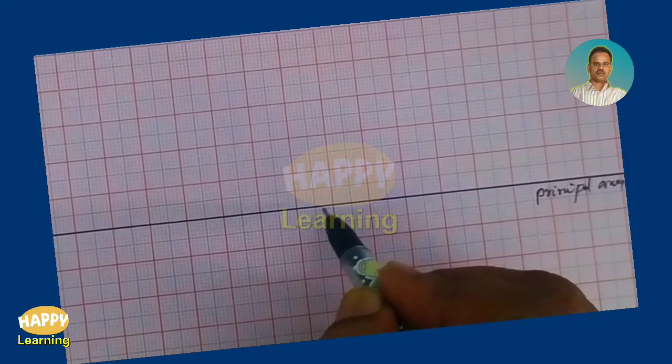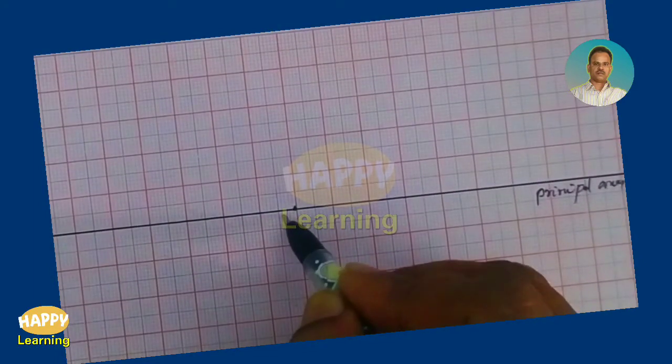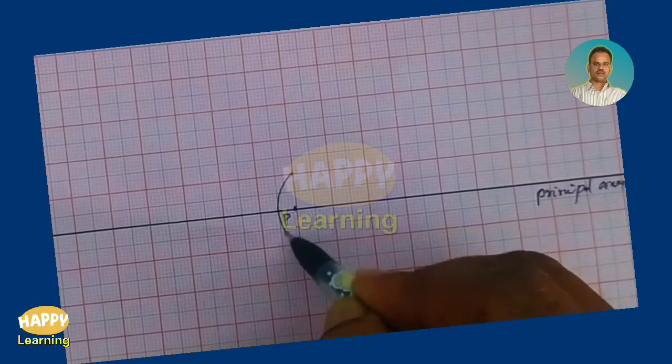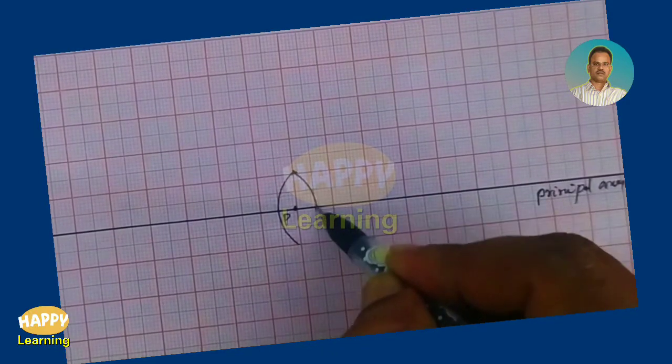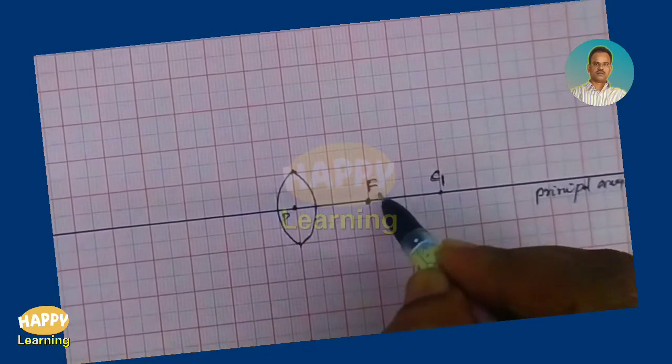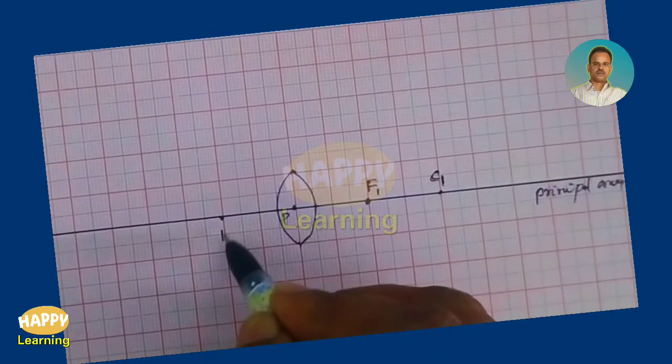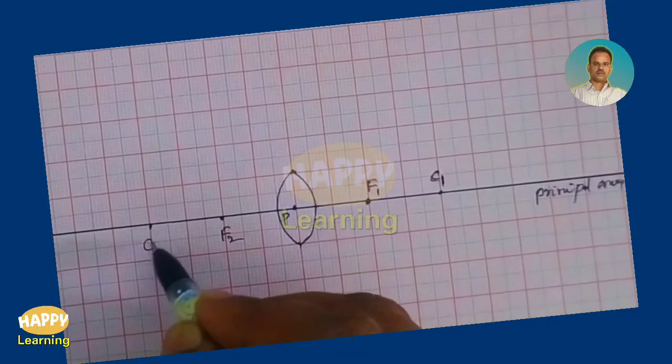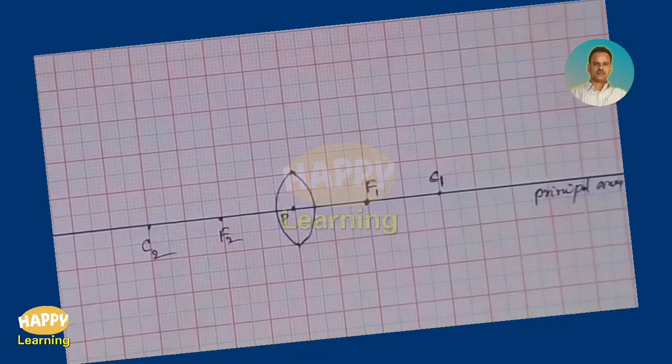This is the principal axis. Let it be optic center P and let it be the lens. Then this is one focus, this is one center of curvature. This is another focus, this is another center of curvature.